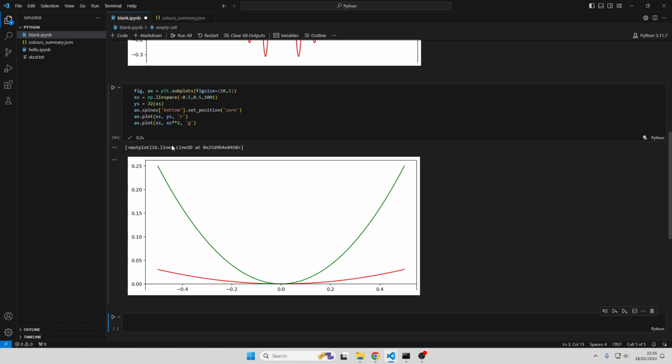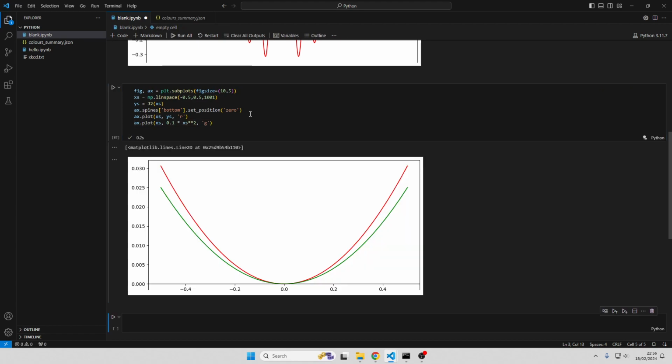We can see that the green curve is quite a bit bigger than the red one, so it's not quite right. Let's multiply it by 0.1. Then we find that the green curve looks very similar, but not quite the same.